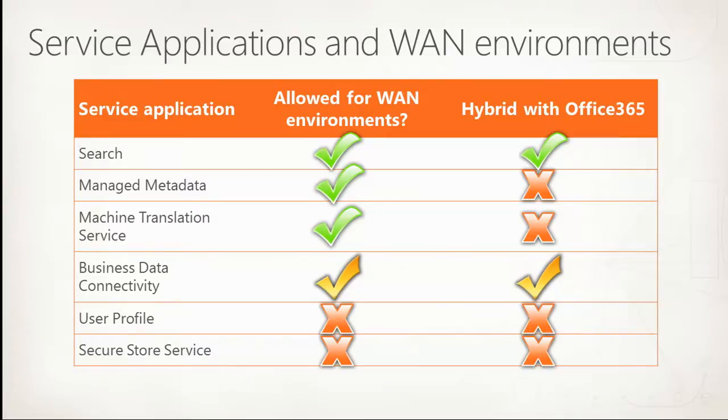So you can connect this up to both, and when you do a query and get your query results, you'll actually see the difference, what's on-prem and what's in the cloud. The managed metadata service and the machine translation services are allowed for the WAN, as is business data connectivity. The user profile and the secure store service are not. Basically, the user profile has to have access to the local database, so we're not allowing that. And for the secure store, it's performance issues.